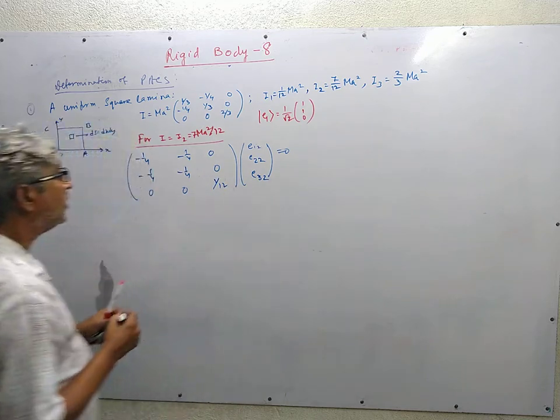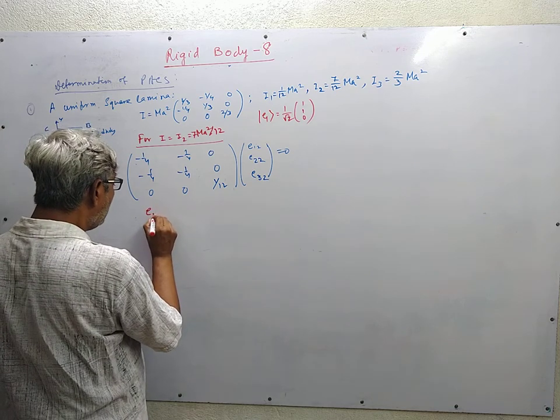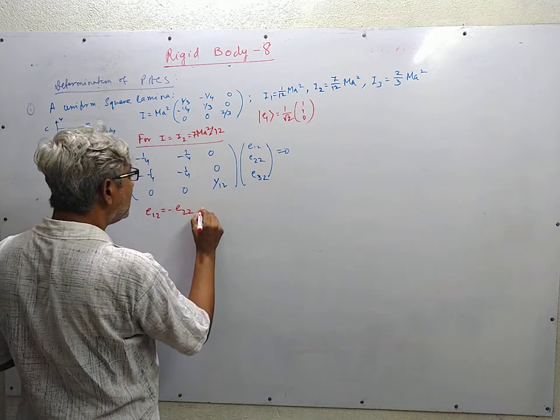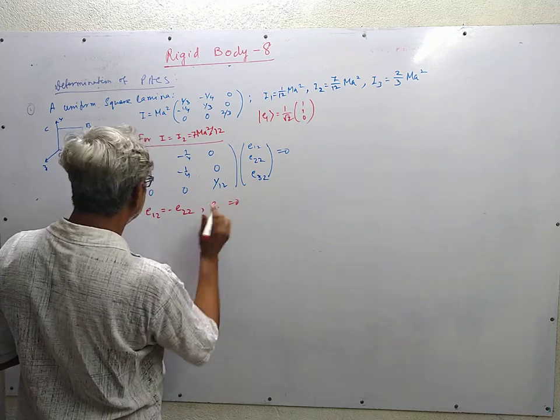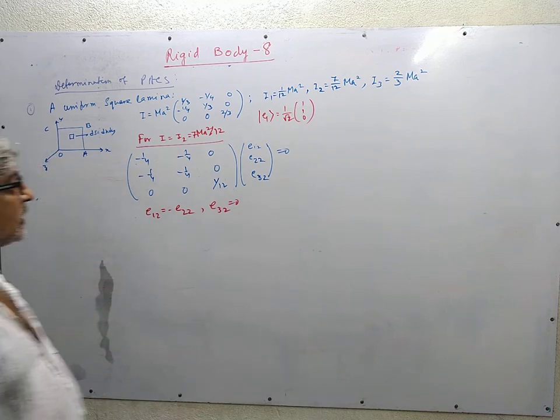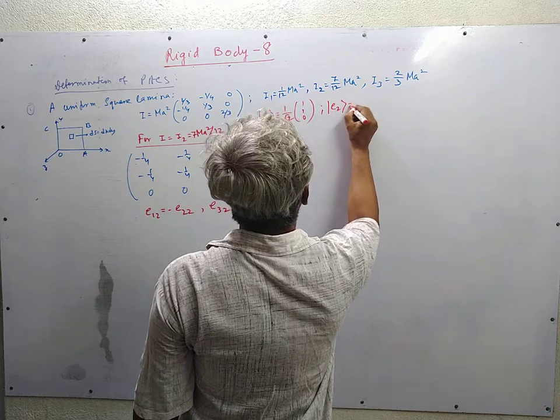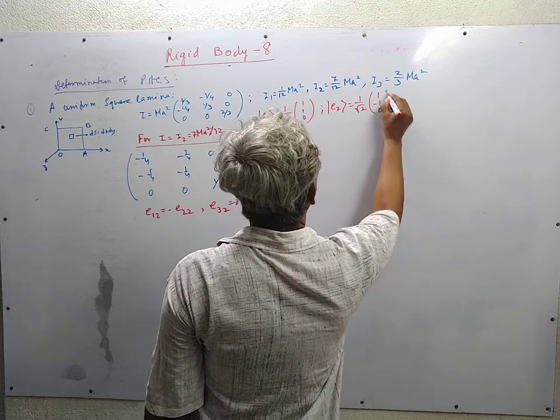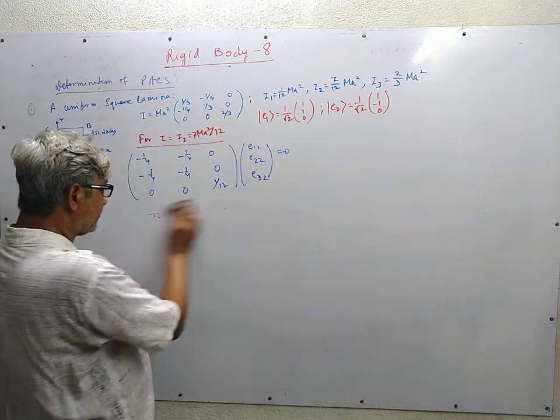Again, we see that E12 is equal to E22, and E32 is equal to 0. So the normalized second eigenvector is 1 upon root 2, 1, 1, 0. These are the two eigenvectors we have obtained.